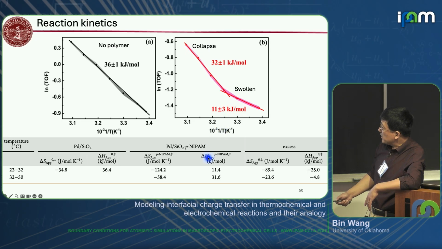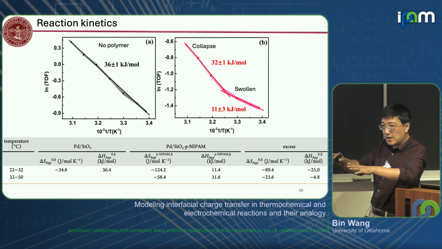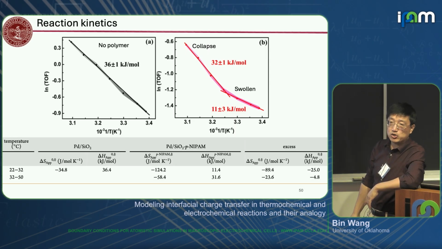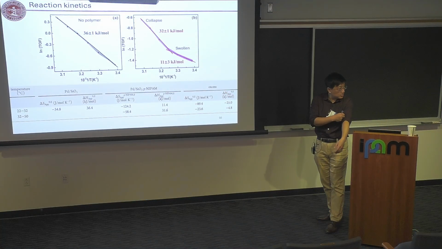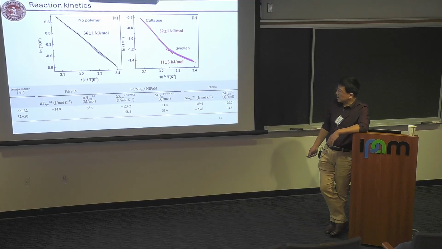So we can further decompose it, looking at both the delta H and delta S. You'll see that when the temperature is 22 to 32, which is when the polymers swell, the activation barrier reduces from 30 to about 11. And meanwhile, my entropy also reduced a lot at my transition state. So there's a compensation there. When you stabilize your transition state, you also lose a lot of entropy at your transition state, which is not that surprising. But the real question is what causes this reduction of the activation enthalpy and also the activation entropy.